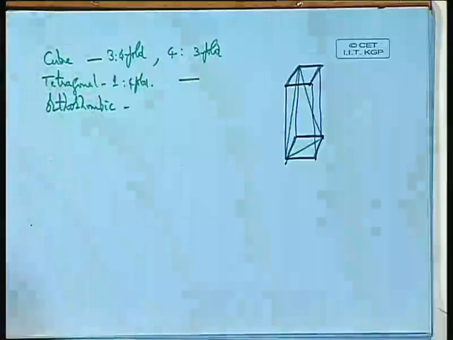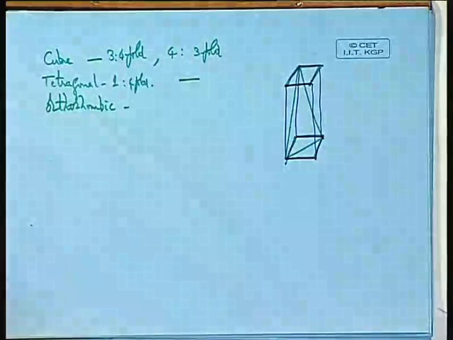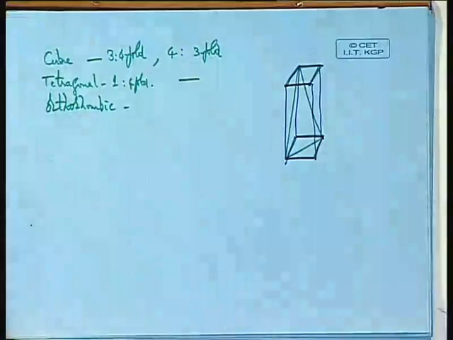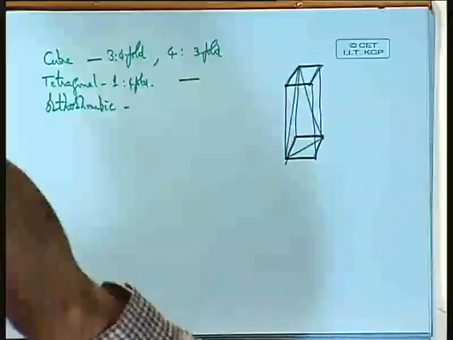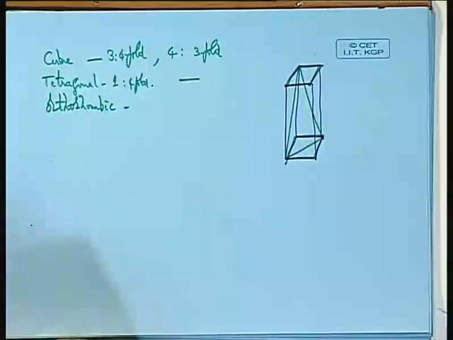When you come to an orthorhombic, okay, you have the 1-1-1 plane there, but the 1-1-1 plane is not an equilateral triangle. Obviously, if it is not an equilateral triangle, it will not have a threefold symmetry. So there is no threefold symmetry, no fourfold symmetry in an orthorhombic system.